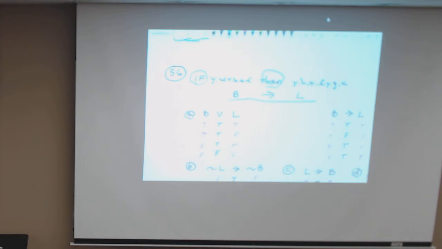All that's happening here is we're simply making a chart, B and L, true and true, false and false, true and false, true and false. We're just using different letters. So, or is true when both are true, when one is true, but it's false when both are false. So does that have the same truth value?